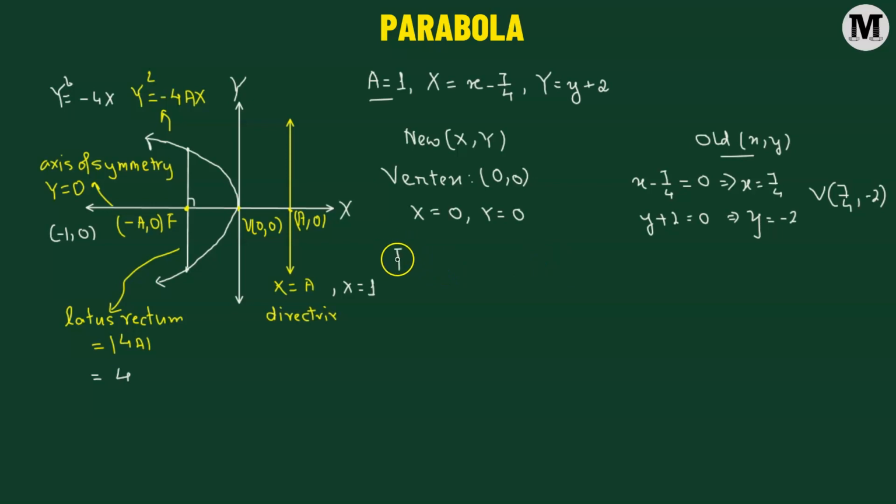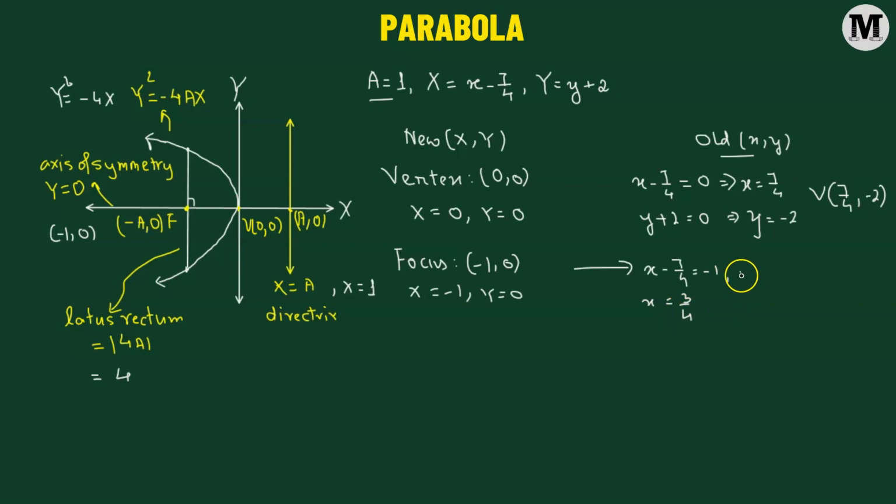Now let's move on to the focus of the parabola. The focus of the parabola is at negative 1, 0, which means the x value is negative 1 and the y value is 0. Moving on to the old coordinate system, x equals negative 1 means x minus 7 over 4 equals negative 1. So solving for x, we get 3 over 4.